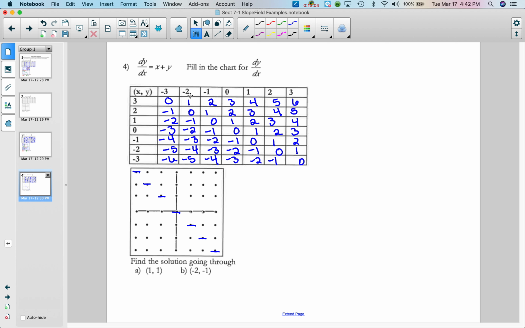And then the ones: 3, negative 2 is a 1. 2, negative 1. 1, negative 1. Wait, no, I'm not looking here. 1, negative 2. Wait. 1, 0. How about 1, 0? 0, 1. Here's the pattern.